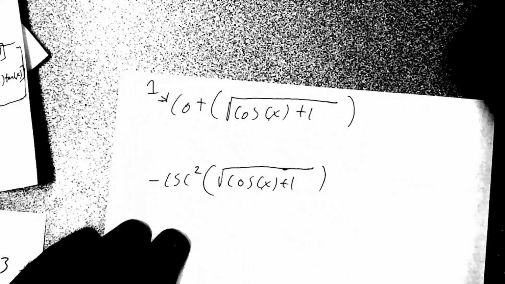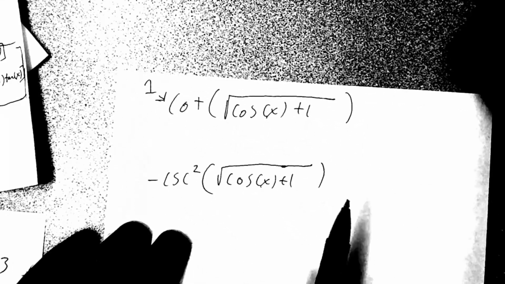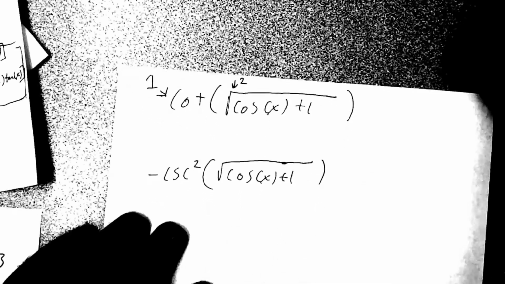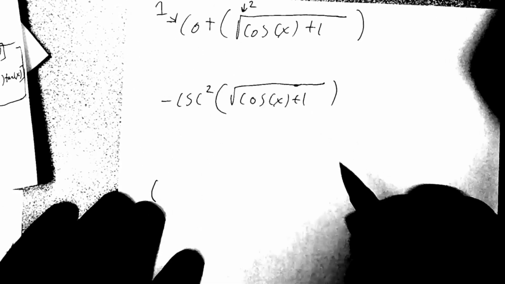So again, this is my number 1, my outside function. I don't have any multiplication or division, but I have more functions inside of each other. Inside of that cotangent, I have this square root here. This is number 2, my next most inside one. So I'll do that just down here below. Remember, I don't care about the cotangent anymore. It's going to be just cosine x plus 1, all to the power of a half.